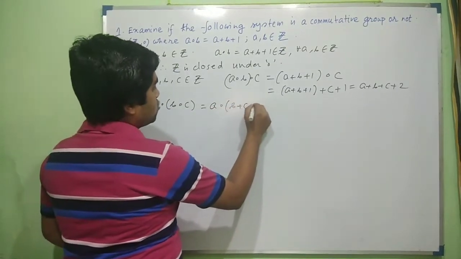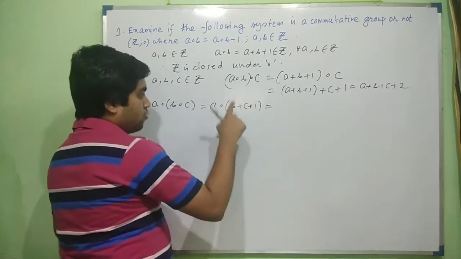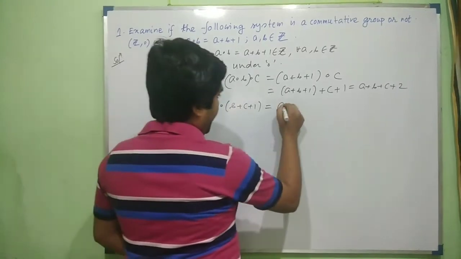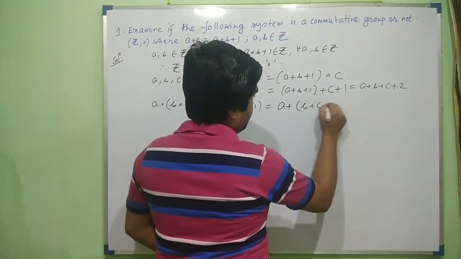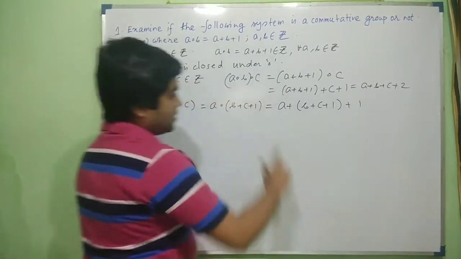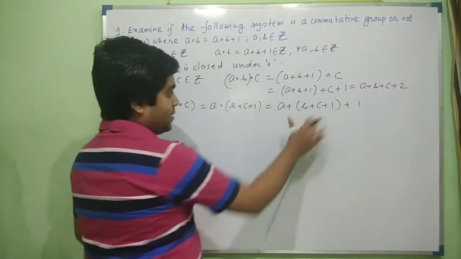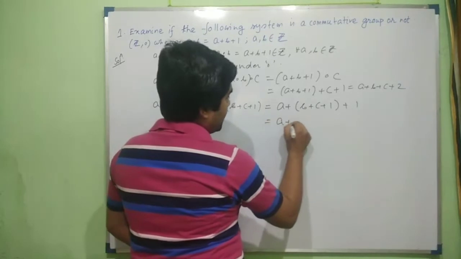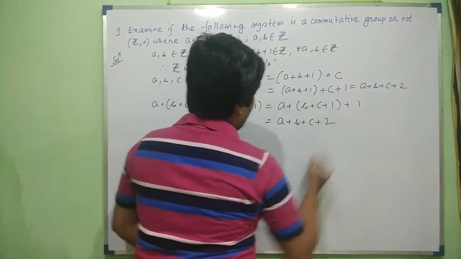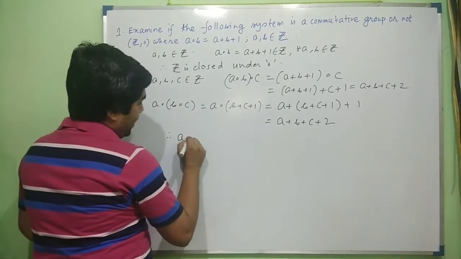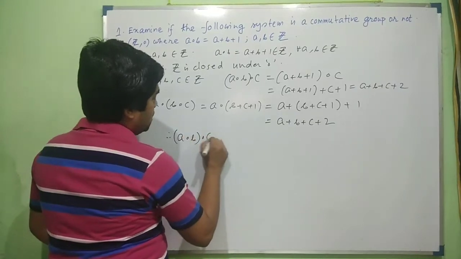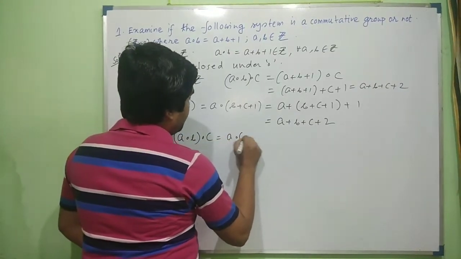Again, a naught (b naught c): the value of b naught c is b plus c plus 1, and a naught (b plus c plus 1) means a plus b plus c plus 1 plus 1. This is the definition of a naught b and this is applied here. So this becomes a plus b plus c plus 2. Therefore (a naught b) naught c equals a naught (b naught c).